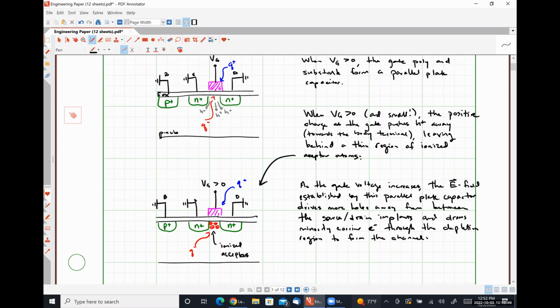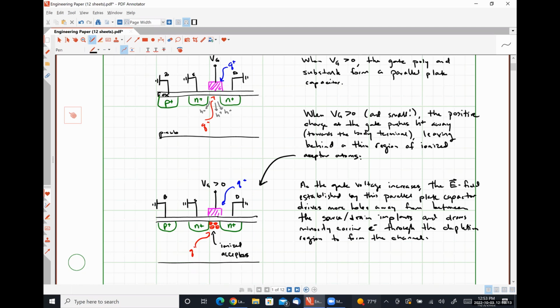So effectively, we put a small amount of charge on the positive plate. We're able to draw or uncover a small amount of negative charge in that depletion region, right? We can't actually really do anything there though, because all of that negative charge that's associated with those ionized dopant atoms is immobile, right?